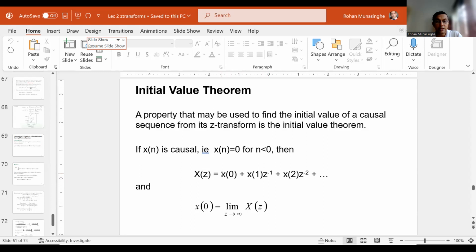Okay, so you take the limit of both sides, left and right. Left hand side is basically X of z, and the right hand side you have this polynomial of z to the minus powers, and you take the limit of z goes to infinity, right? We take it to infinity because we see all these powers are negative.